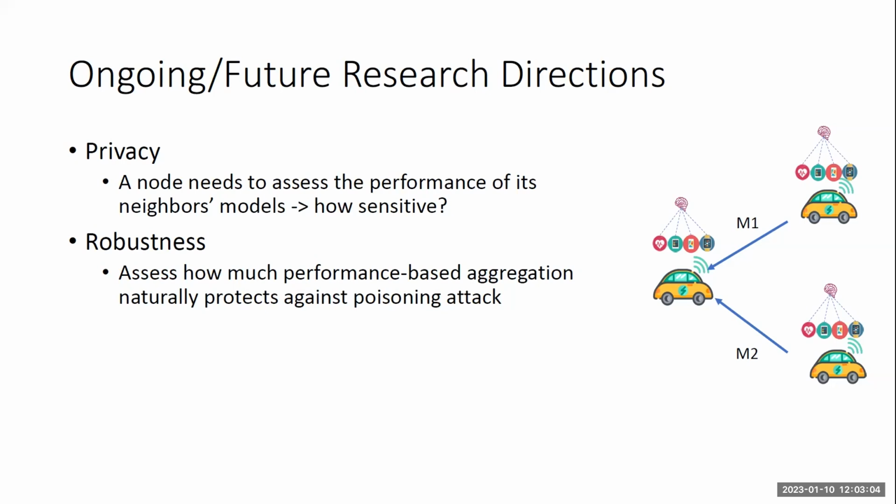So maybe it helps protect against poisoning attacks. It definitely does not help protect against backdoor attacks, because these are more pernicious attacks. They don't necessarily have an impact on performance, but they have triggers that would still be bad for robustness.